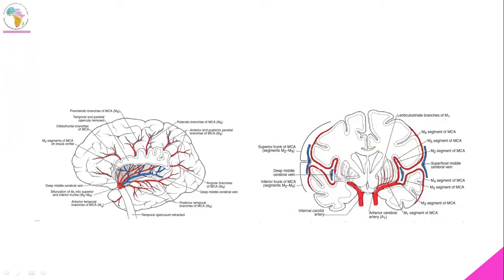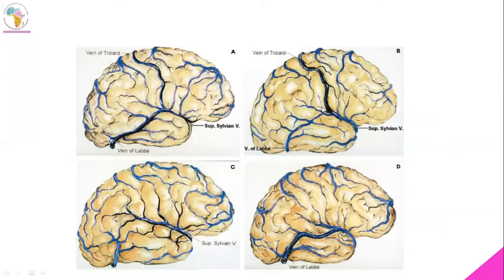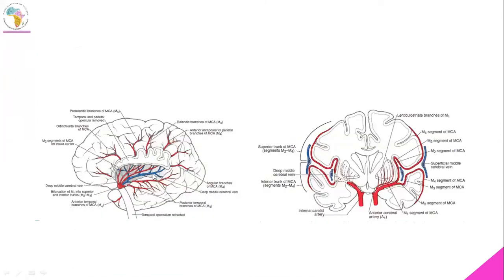It runs in the insula that is buried inside the operculum, and this vein mainly drains the insular surface. So on the lateral surface, we have a superficial Sylvian vein that mainly drains the operculum, and we also have a deep Sylvian vein that drains the insula.